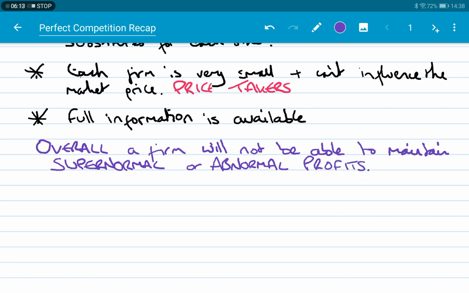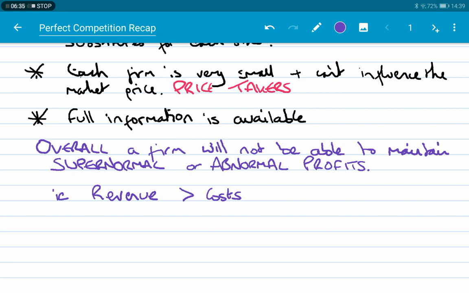Okay, so firms won't be able to make supernormal or abnormal profits, and what that means is where revenue is greater than costs.